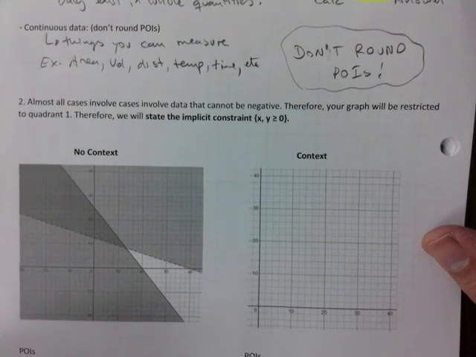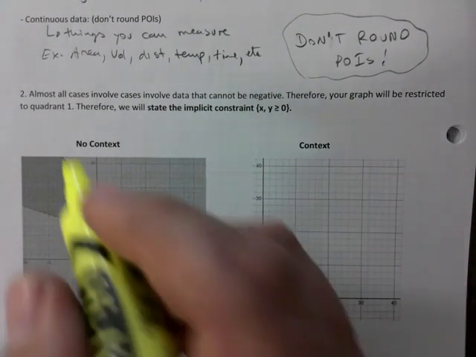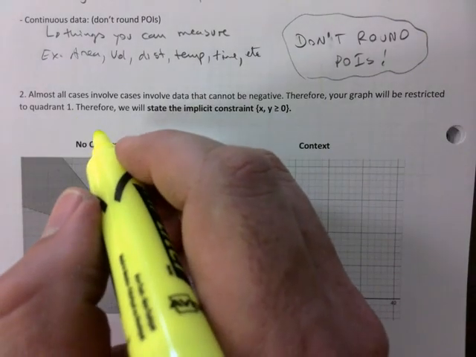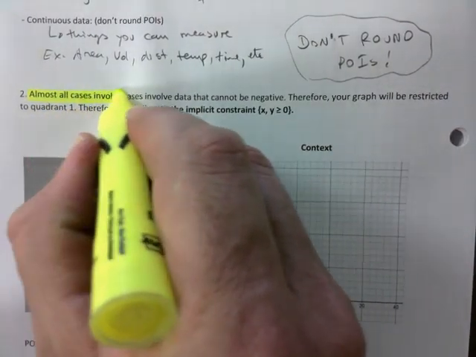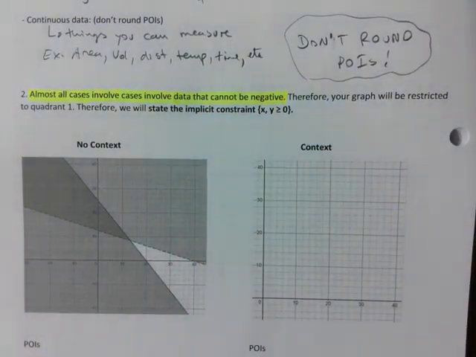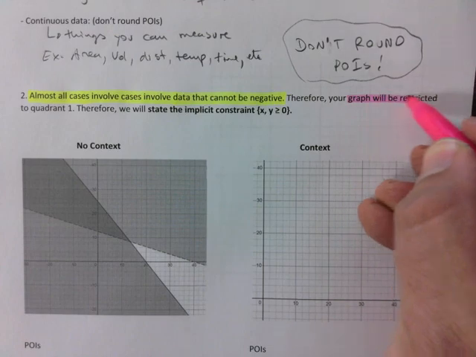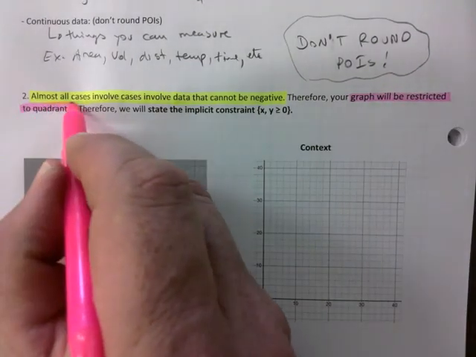Next part, I'm just getting you ready before we jump into the actual meat and potatoes. Almost all cases involve data that cannot be negative. Therefore, your graph will be restricted to quadrant 1.